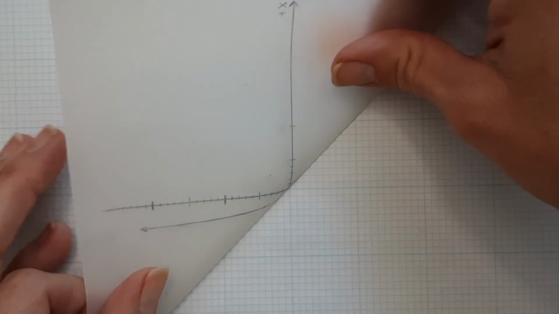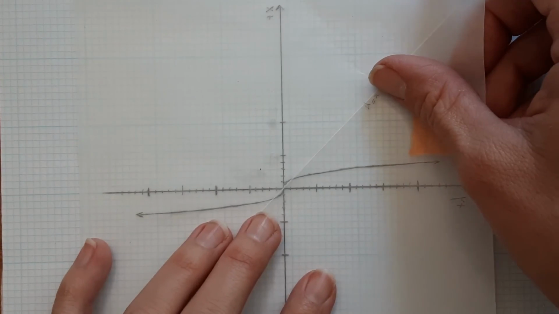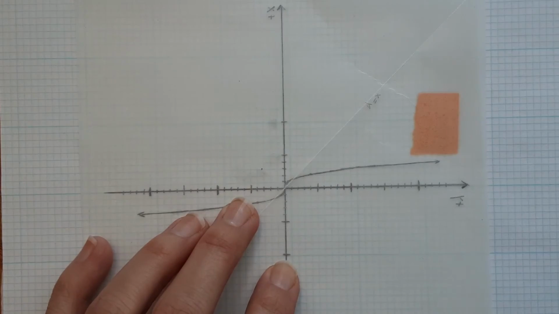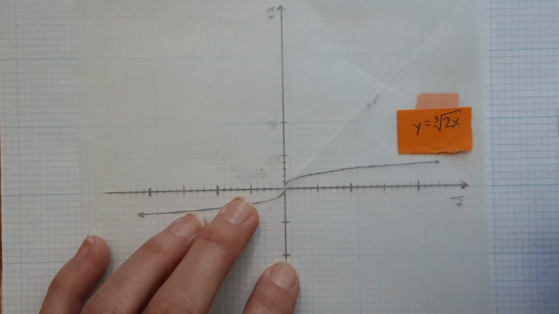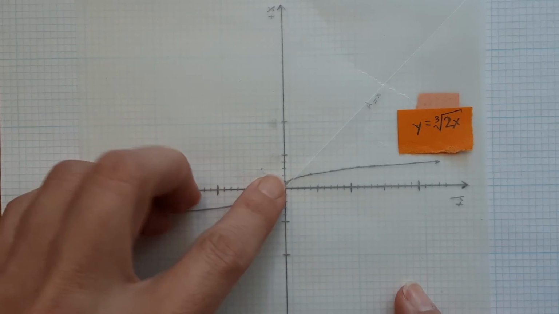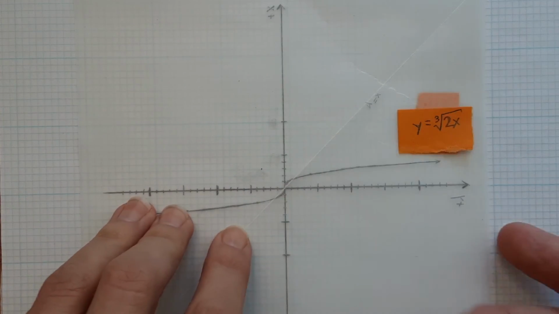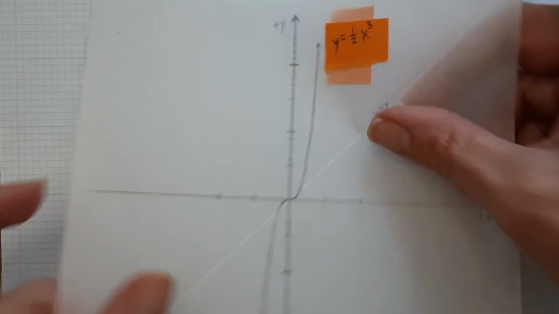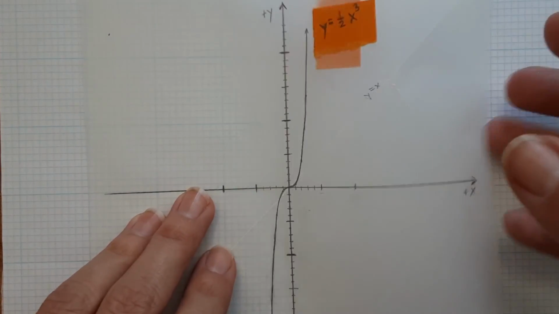And when I swap the variables, I get the inverse function, which is y equals the cube root of 2x. And this shows the relationship between the inverse function graph and the original function graph. The two graphs are a reflection of each other across that line y equals x.